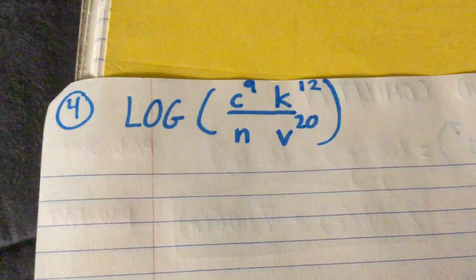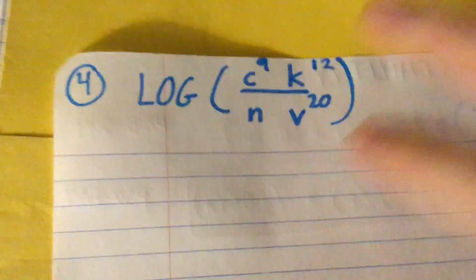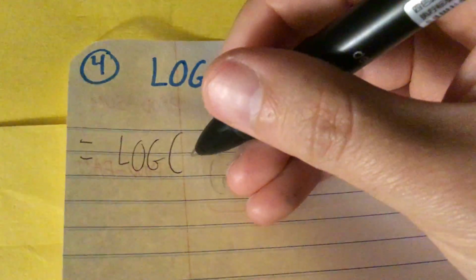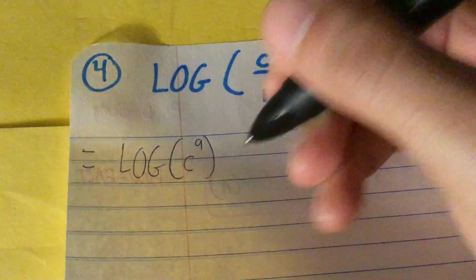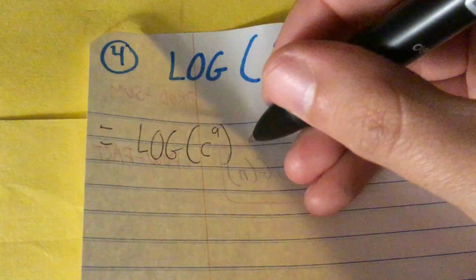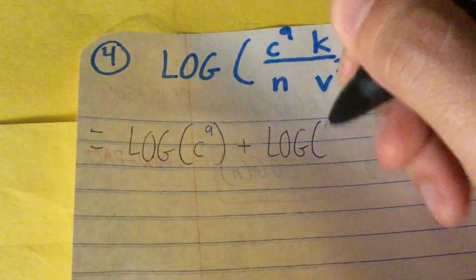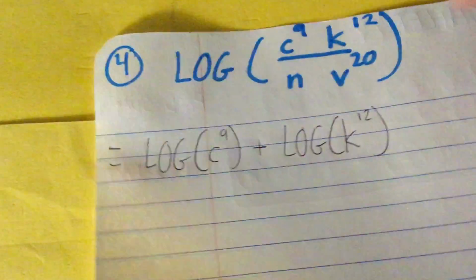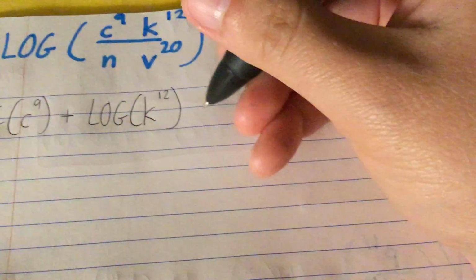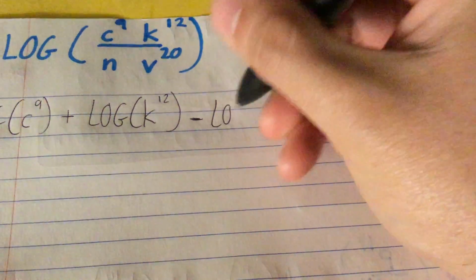So right off the bat, I can make this log of c to the 9th. Okay, k is on the top, so plus log of k to the 12th. N is on the bottom, so I'm going to make this minus log of n.